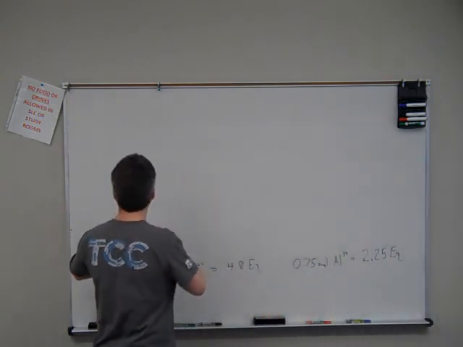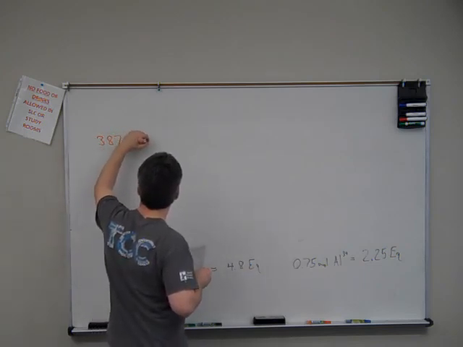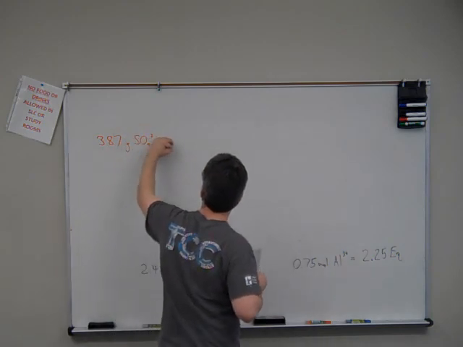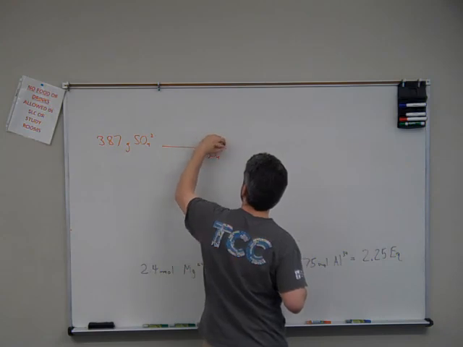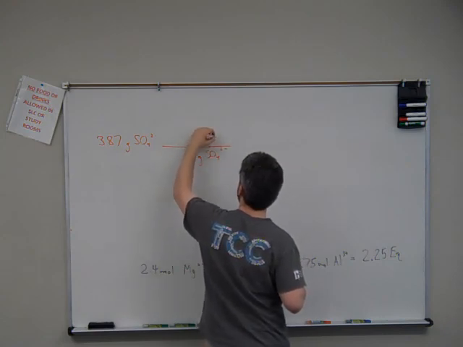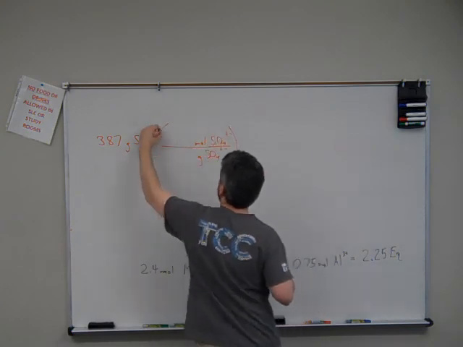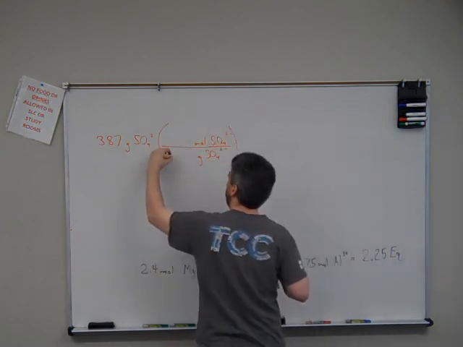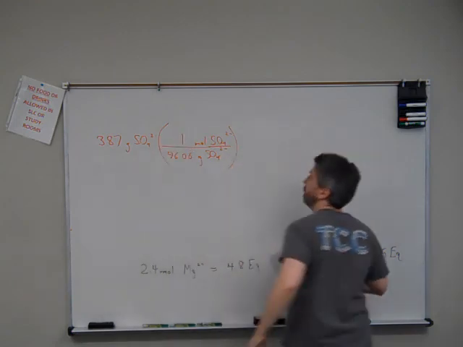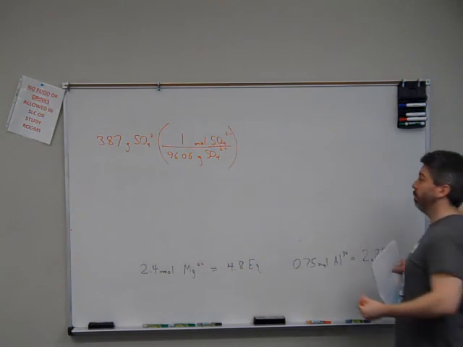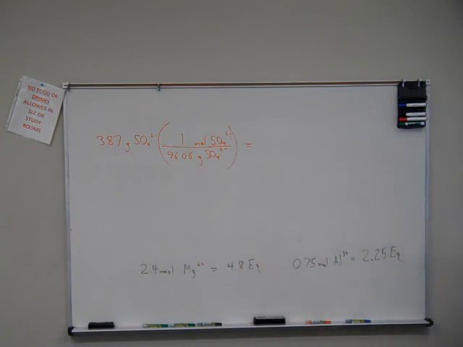So I would take my 3.87 grams of sulfate, SO4 2-, and convert the grams of sulfate to moles of sulfate. Now, the molar mass of sulfate is 96.06. That's the grams per 1 mole.